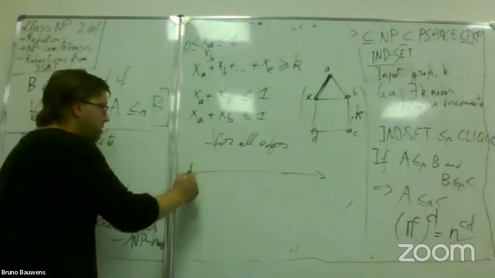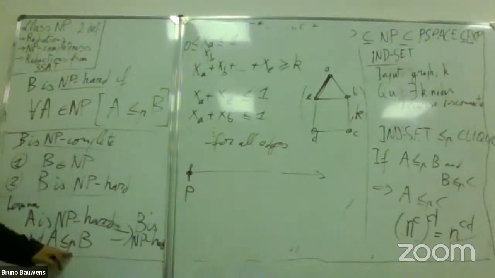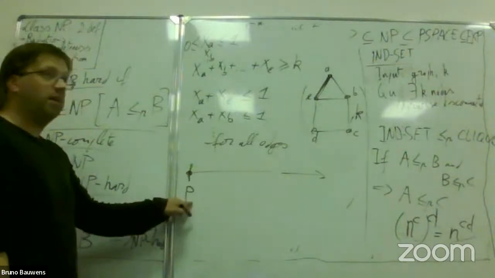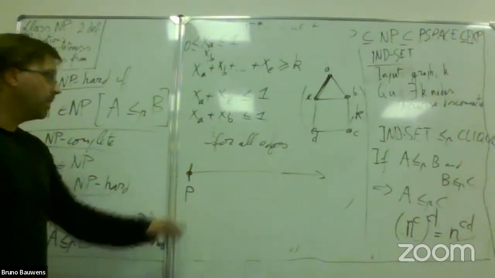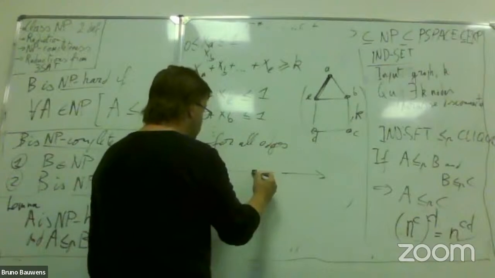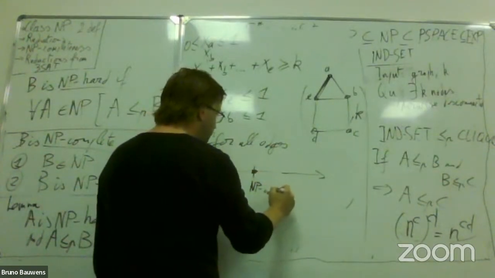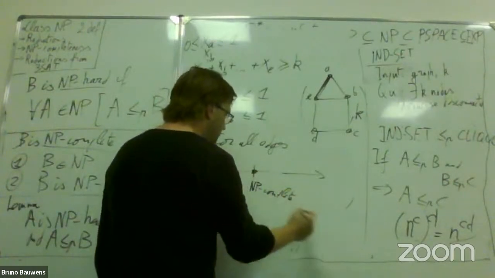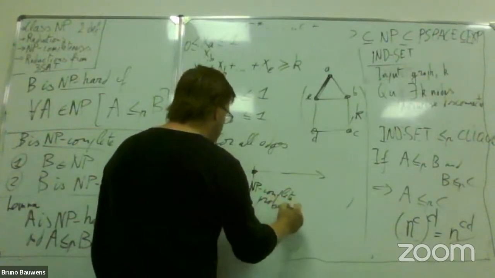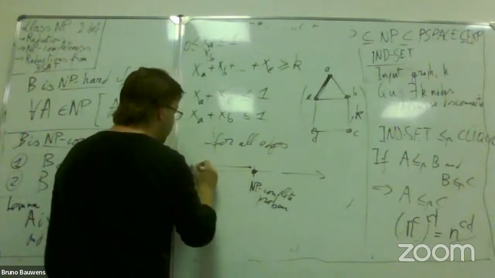The easiest class of problems, according to polynomial time reduction, are the polynomial time solvable problems. Then the second point we have here is NP-complete problems. And here is all of the class NP.